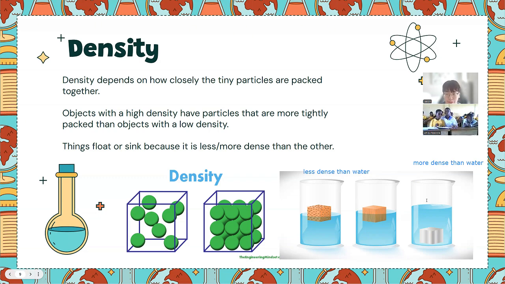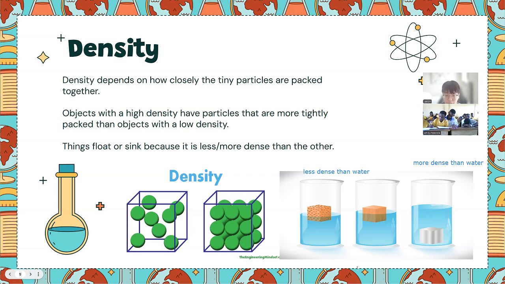And density is really important when distinguishing substances, because each substance has a different density. And you can test against not just water, maybe some other liquid, to a solid, and see if that solid sinks in the liquid or not.